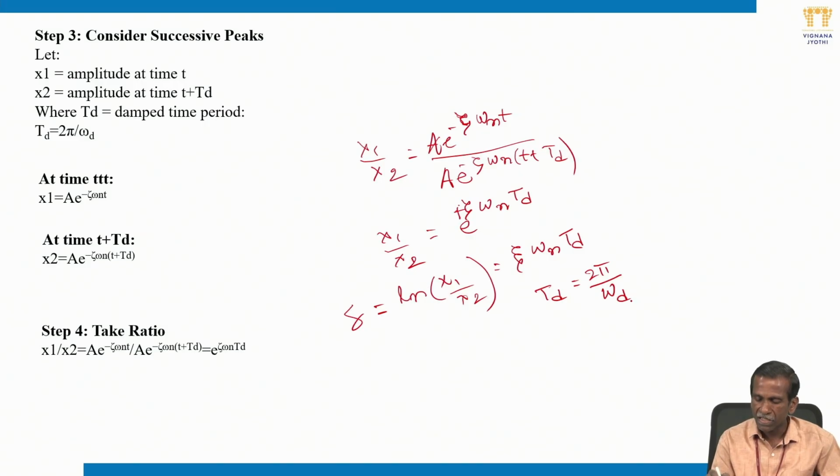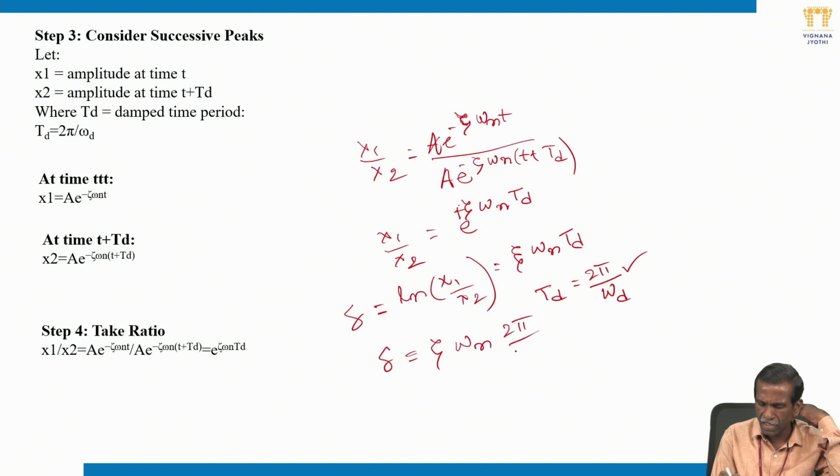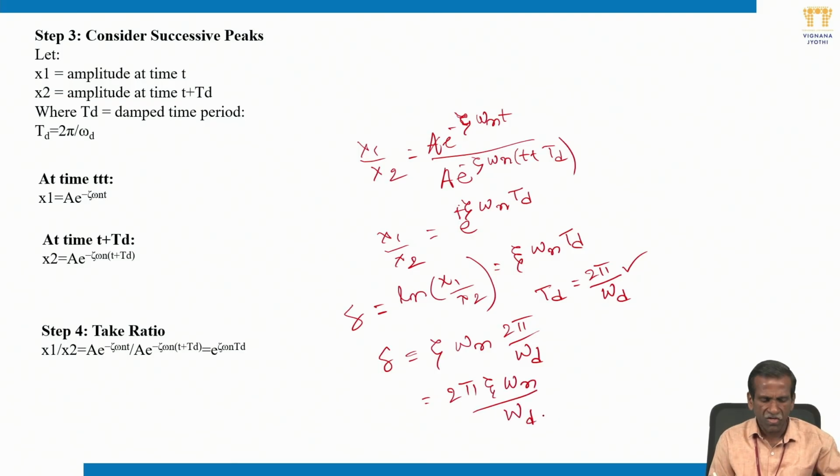If you substitute td in this relation, delta equals zeta omega n times 2 pi by omega d. So overall you get 2 pi zeta omega n by omega d.